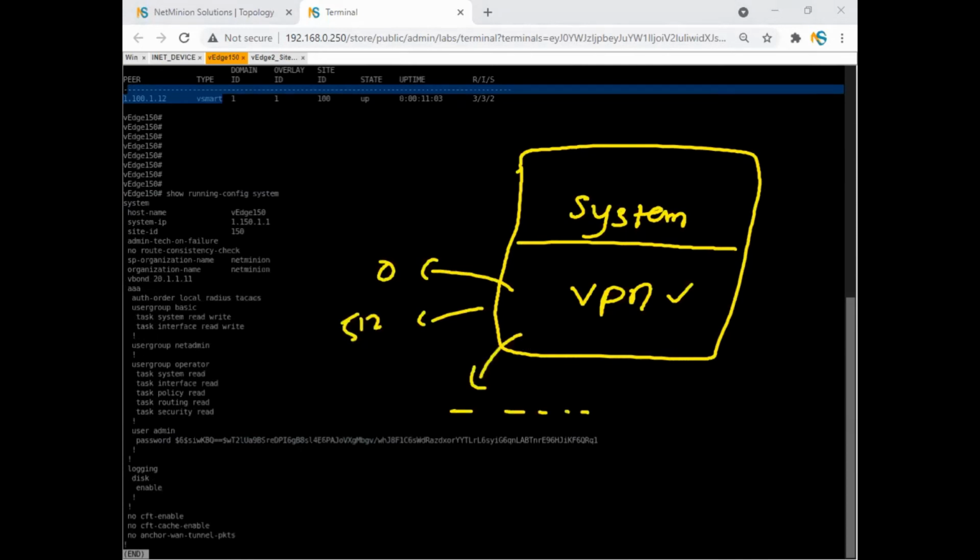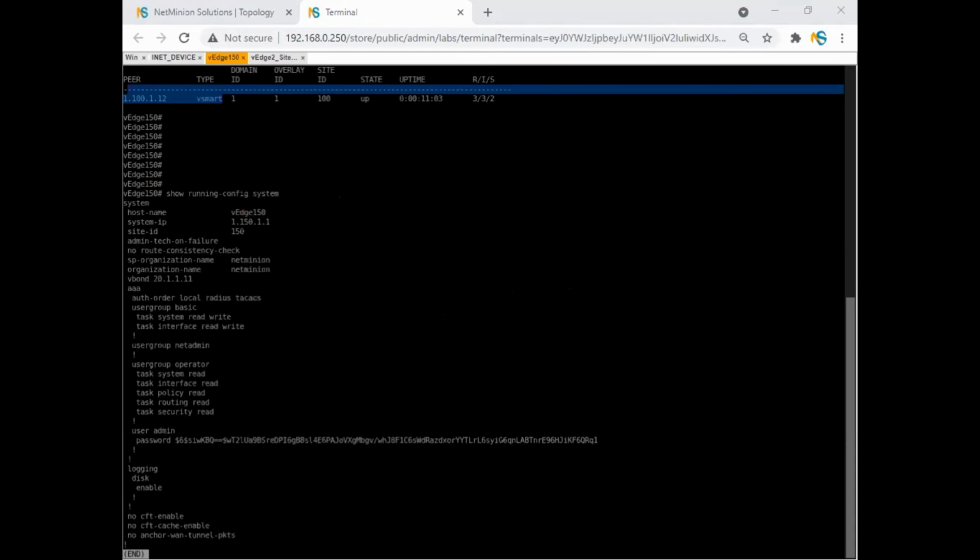Those are known as service VPNs. So when I run show running configuration, I am just saying with respect to the system, because I know the system IP will be part of this particular system configuration. Although I can run show system IP also later on, but it's all right. If I run show running configuration system, it is showing me my system.